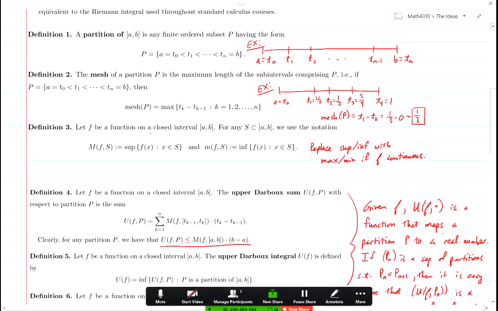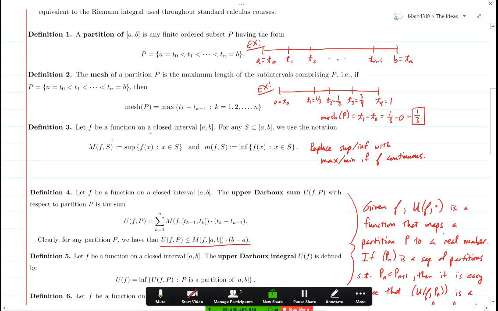This next definition is really more about notation. If we have a function defined on the closed interval a to b, and we consider any subset S, and for us we're really going to be considering subintervals defined by partitions, we use the following notation. Capital M of f comma S is nothing more than the supremum of f of x for all x in that set S. If it's a little m, then we're considering the infimum.